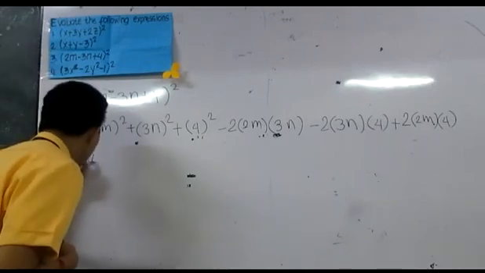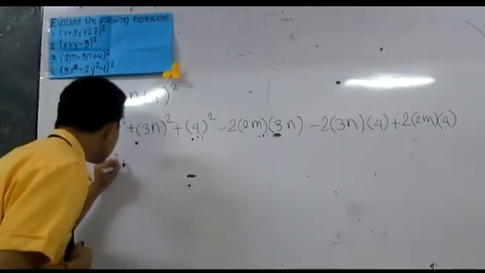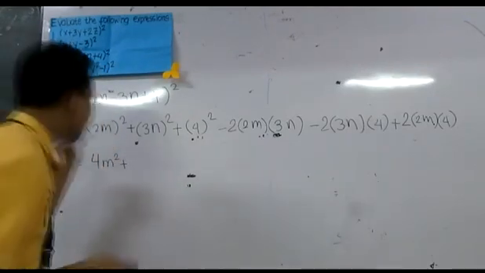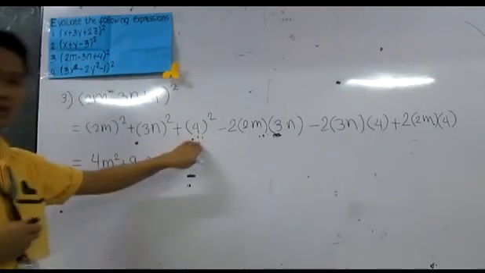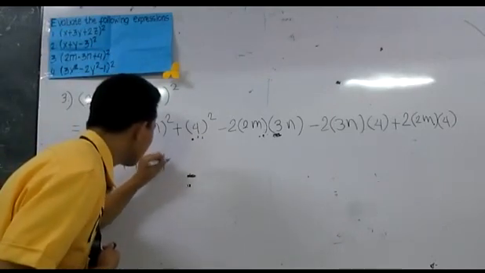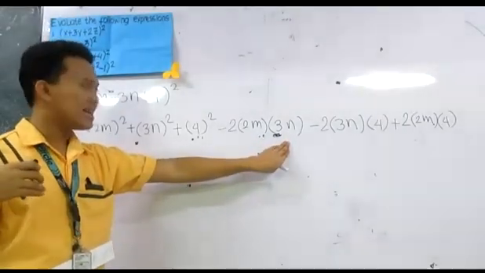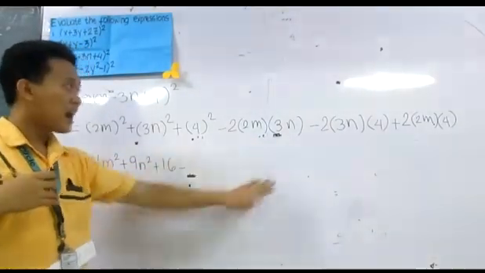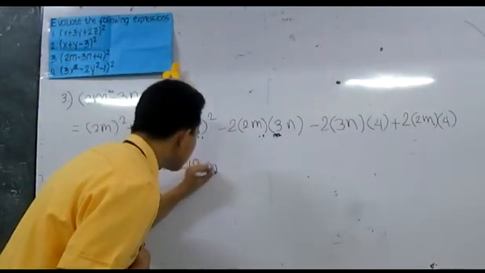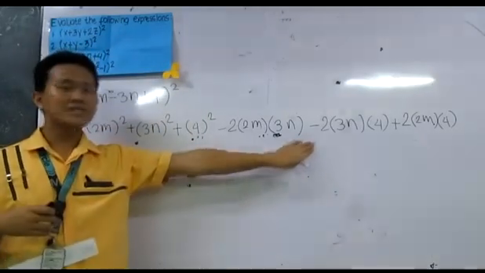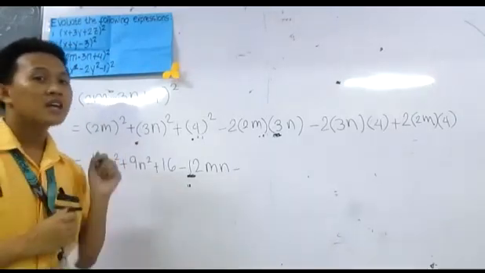We have 4m squared plus 3n squared is 9n squared plus 4 squared, which is 16, minus 2m times 3n is equal to 6mn multiplied to 2, 12mn. Minus 3n times 4 is equal to 12n multiplied to 2, we have 24n.